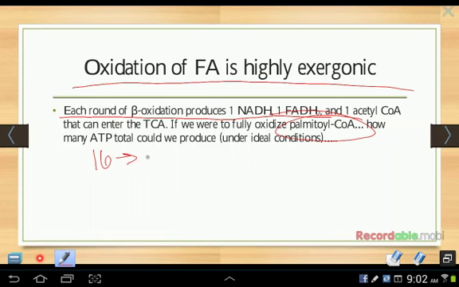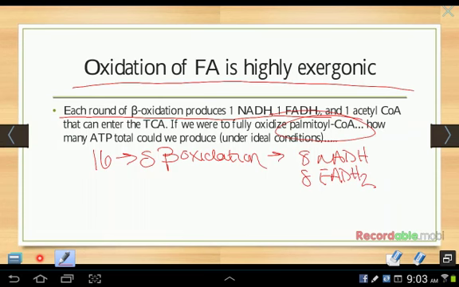So we're going to go through 8 rounds of beta oxidation, which is going to create 8 NADHs, 8 FADH2s, and 8 acetyl-CoAs. Now, each acetyl-CoA, right, can produce, let's see, oh wait, is palmitoyl, no, that's right, okay.